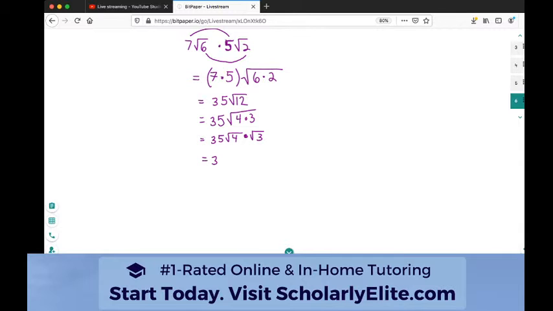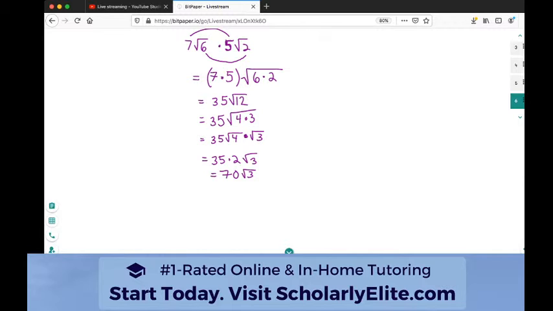So this becomes 35 times 2 times the root of 3, and our final answer for this question is 70 root 3. Again, our goal is to get the number inside the radical as small as possible. Sometimes that means the coefficient is going to be quite large, and that's fine. It really doesn't matter.